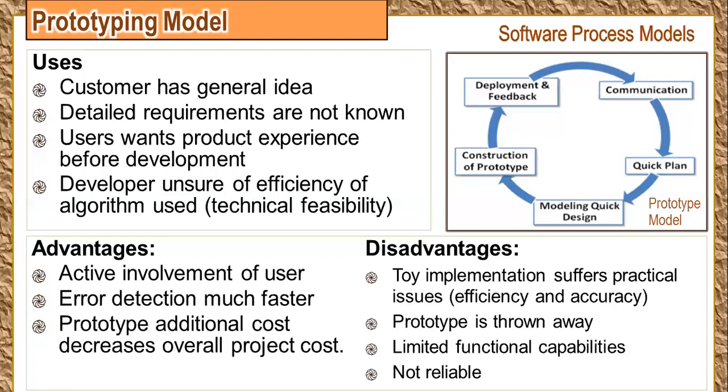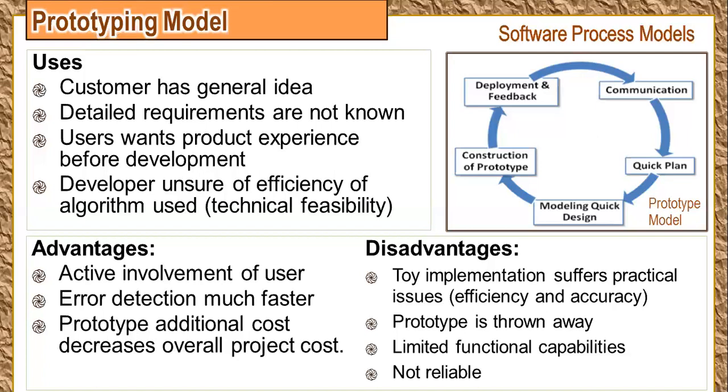They can be users, they can be an organization, they can be the team members, they can be the market. So users and stakeholders meet and they define the overall objectives of the software. Next, they identify the requirements that are known very clearly, and they highlight all the requirements which are not very clear and still need more explanation or understanding.